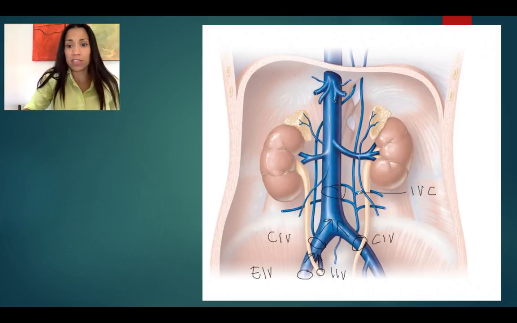Inferior vena cava is draining all the blood from all the abdominal organs, abdominal wall, passes through the diaphragm muscle, which is this, through the foramen for the vena cava, and gets thoracic.